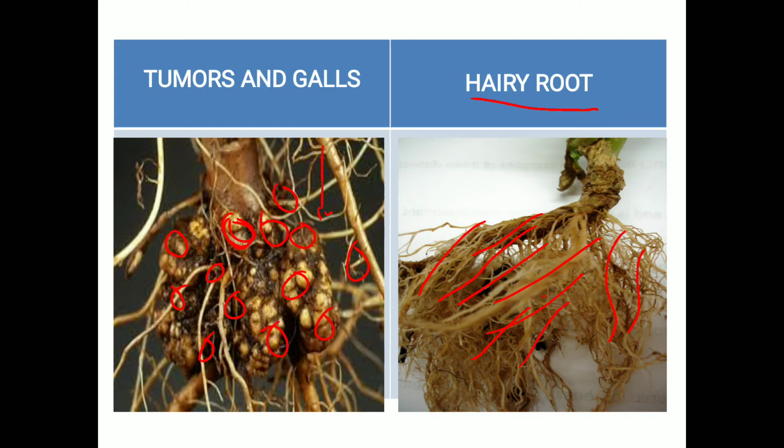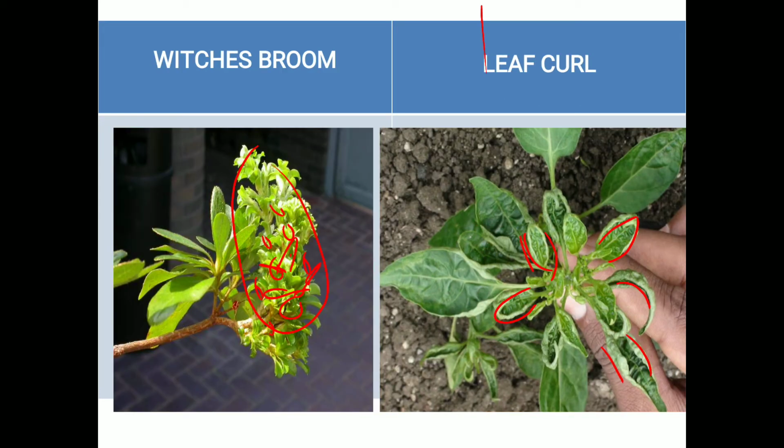This is called hairy root symptom. For control we can use several chemicals, for example fungicides or bactericides, depending on which pathogen has attacked: bacteria, virus or fungus.